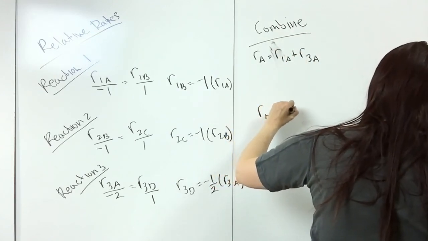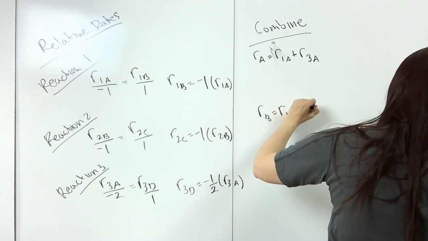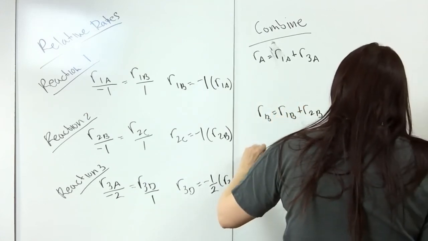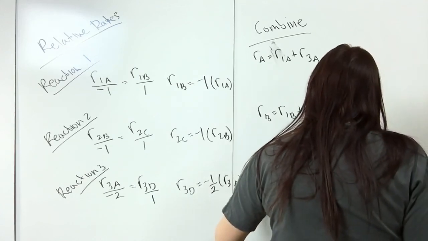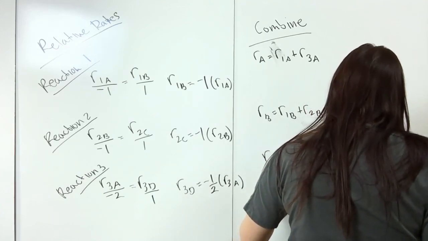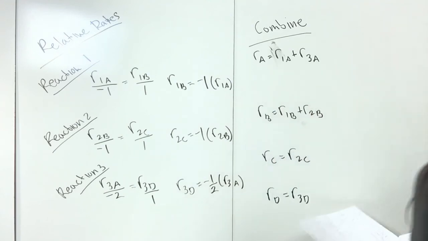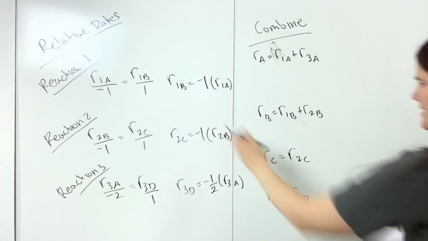RB was equal to R1B plus R2B. RC was equal to R2C. And RD was equal to R3D. So then just plugging in these equations that we just derived.